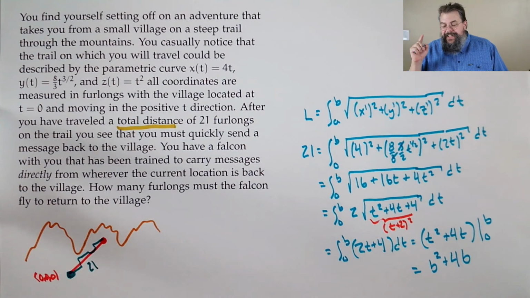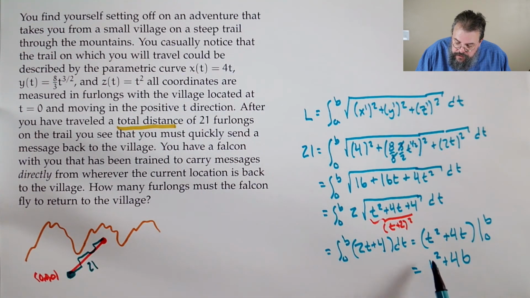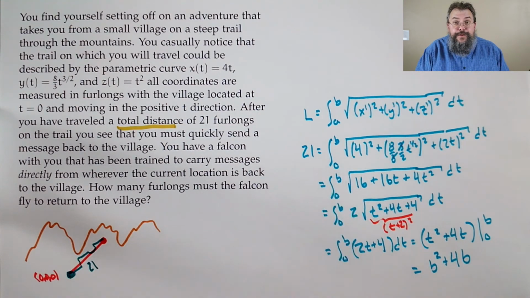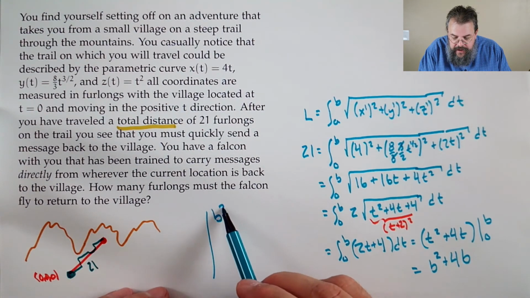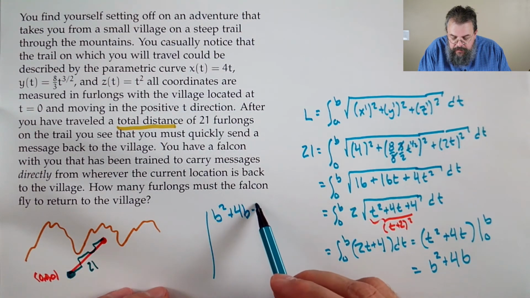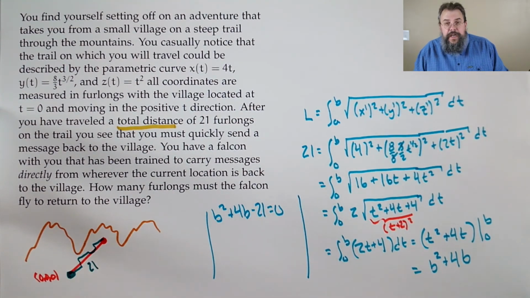Now, if we work our way back, that equals 21. So b squared plus 4b minus 21 has to equal 0. We need two numbers that multiply together to give 21.